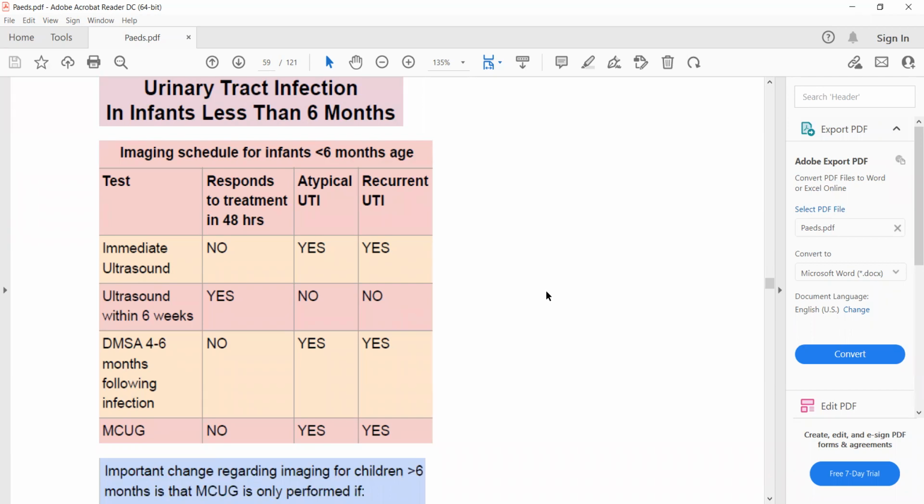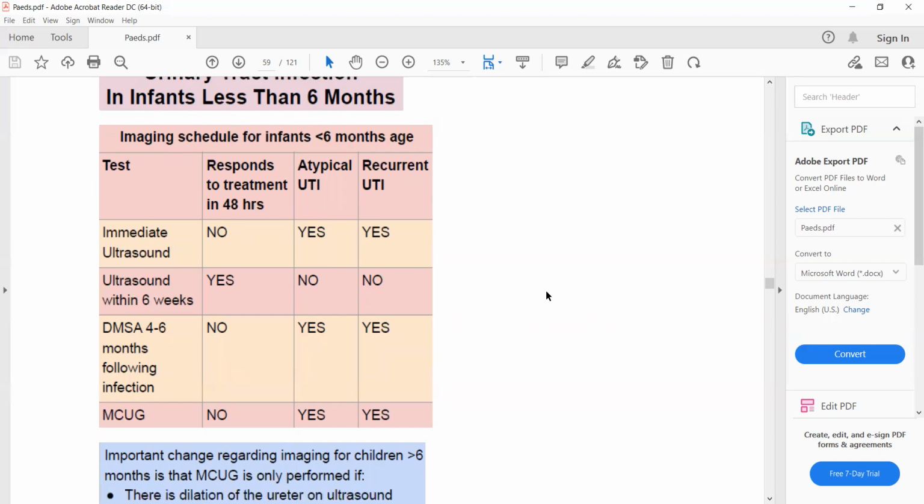I have a question. Why is it that the MCUG is only for children under 6 months? It is an invasive procedure, plus there is radiological exposure, and plus if someone has a congenital anomaly of the ureter, that is abnormal implantation of the ureter, it can be diagnosed within 6 months of age. So that's why NICE does not recommend MCUG in children who are above 6 months of age.